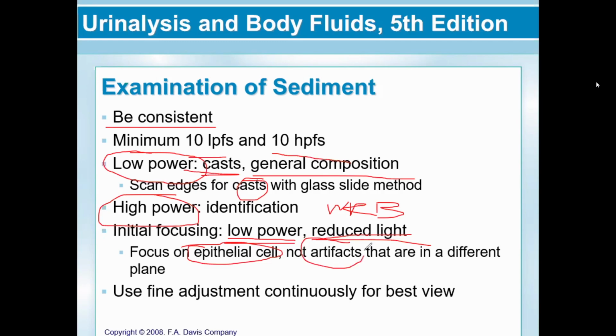For example, sa low power, hindi mo pa napihit yung iyong fine adjustment knob, nakakita ka ngayon ng air bubbles. So pag nakakita ka nyon, it's very refractile, very visible even under reduced light. So, malayo pa ako sa focus. So I have to make adjustment using my fine adjustment knob para mapunta ka dun sa focus.